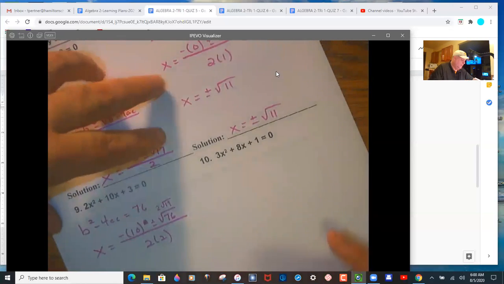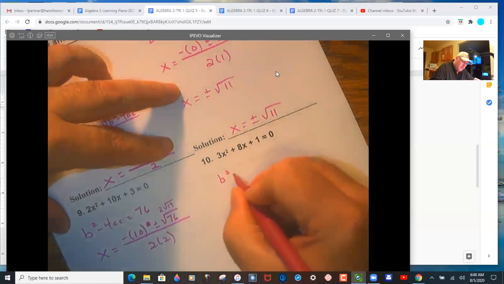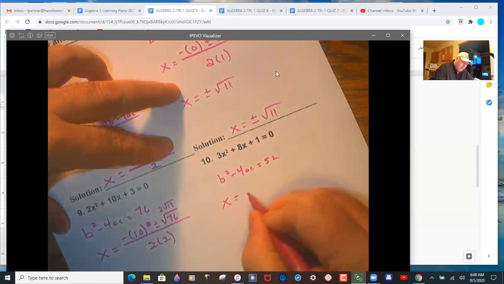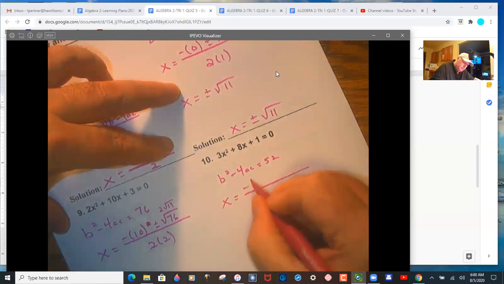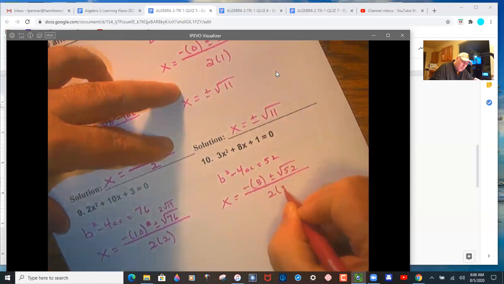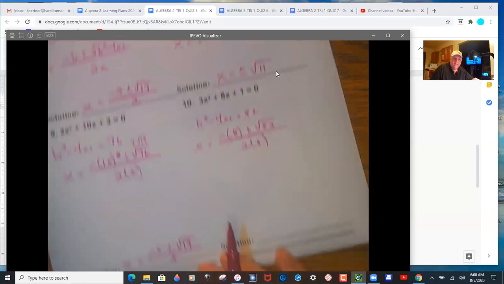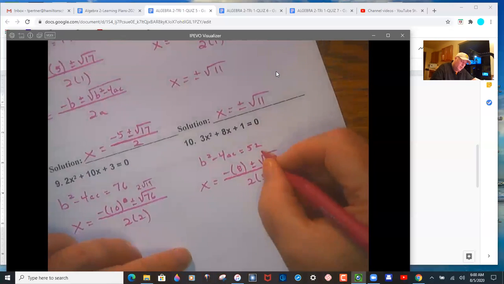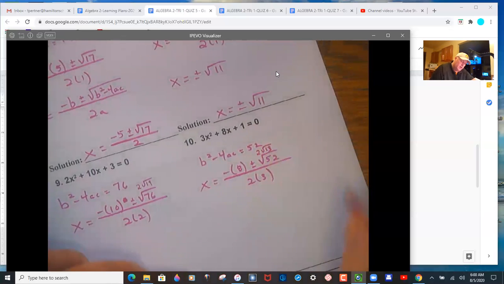And then 10, 52 is the discriminant. And then again, just don't always assume on the bottom that that's a 1. Oftentimes it's not. So square root of 52 does reduce. Again, 4. So square root of 4 times square root of 13, which makes 2 times the square root of 13.